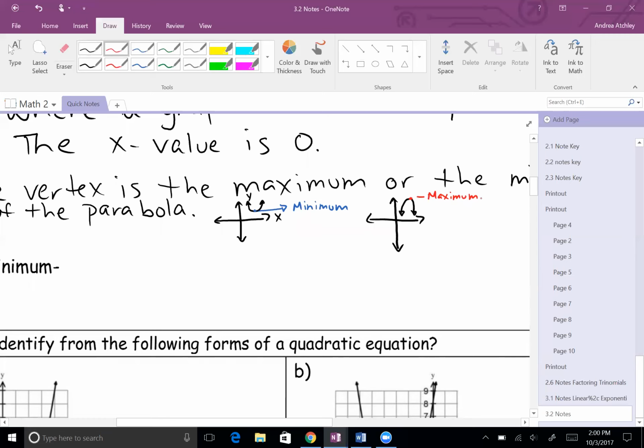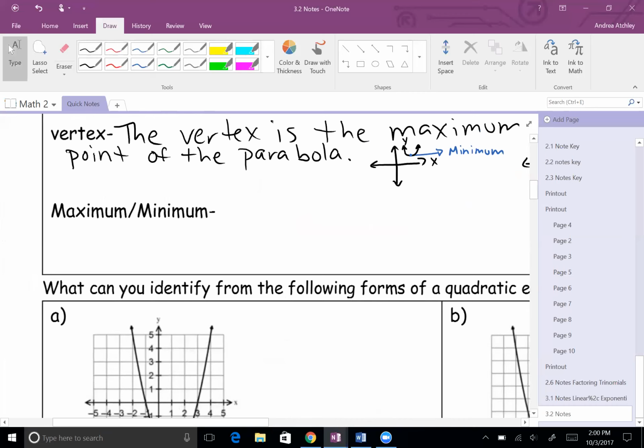Any questions over that? We're all good? Okay. The max and min is the vertex of the parabola.